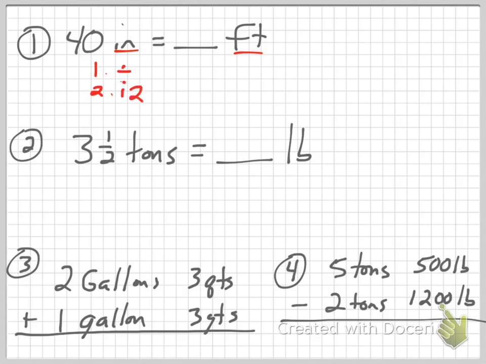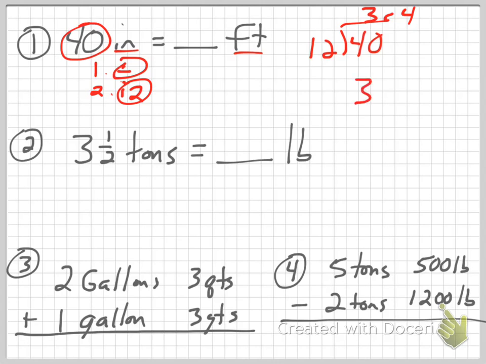Okay. 40 divided by 12 comes out to 3 and a remainder of 4. So 3 feet, 4 inches, or 3 and 4/12 feet. How can I reduce that? 3 and 1/3 feet.